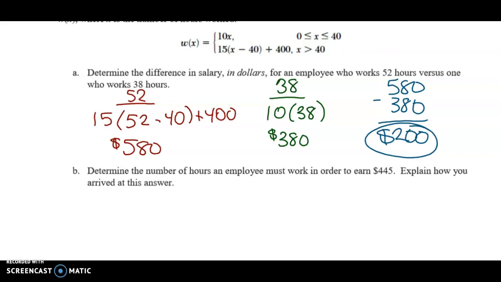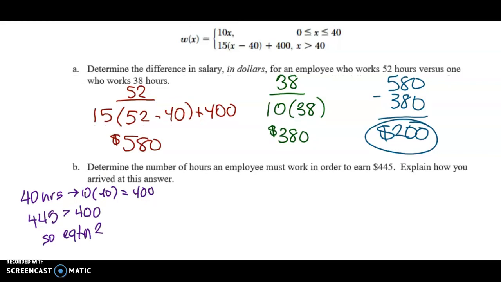So if we think about that, at 40 hours, that is our first equation. That person at exactly 40 hours earns $400. Well, in my example, this 445 is greater than that 400, and that's the most you can earn from the first equation, so we want equation 2.